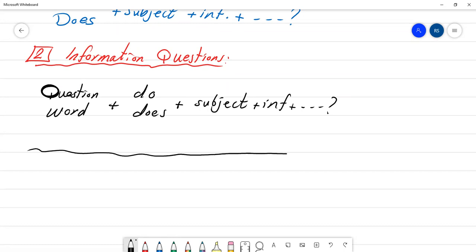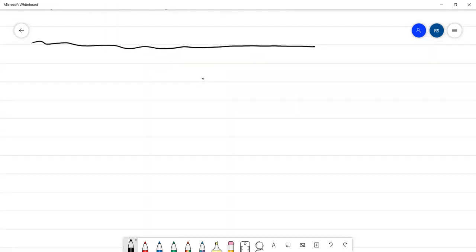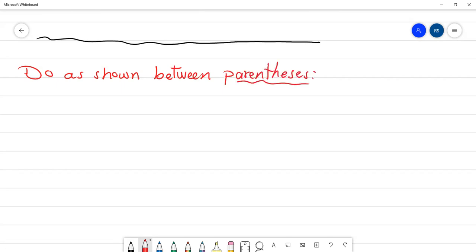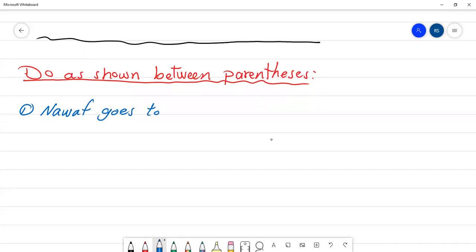Let's take a practice. Do as shown between parentheses. One, Nawaf goes to school by car.